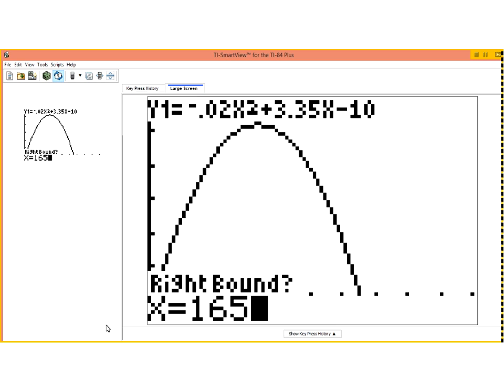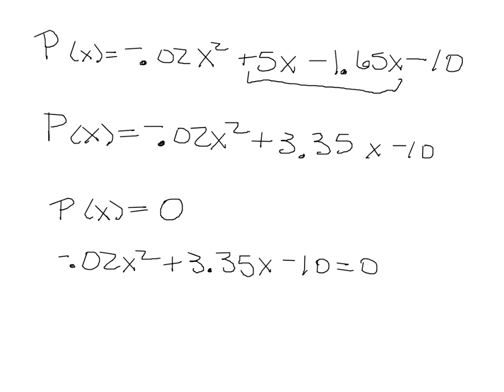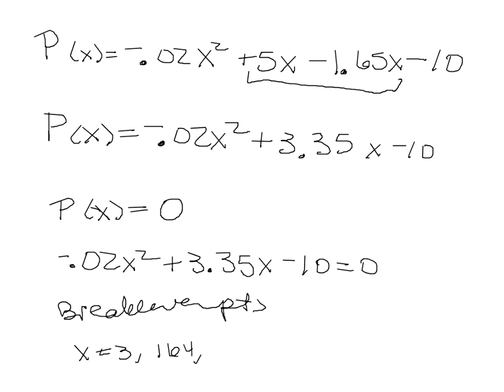maximum. So I'm going to switch to the formula and do minus b over 2a. So that's going to be minus 3.35 divided by 2 times minus 0.02, and it's 83.75. All right, so the break-even points were at x equals 3.04 and 164.46.